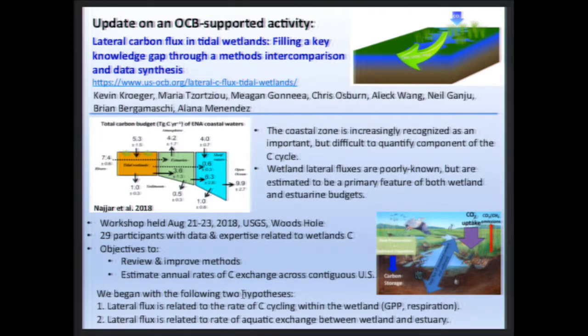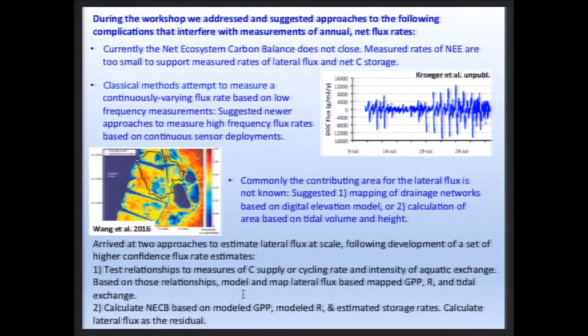And we began with the following 2 hypotheses: that lateral flux is related to the rate of carbon cycling within the wetland, so that would be something like GPP or respiration, and lateral flux is related to the rate of aquatic exchange between the wetland and the estuary. So these are based on logic. There's not enough data to test these yet, and we're going to try to test those hypotheses.